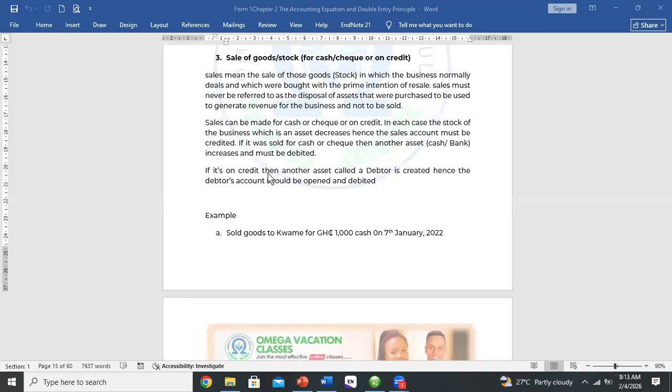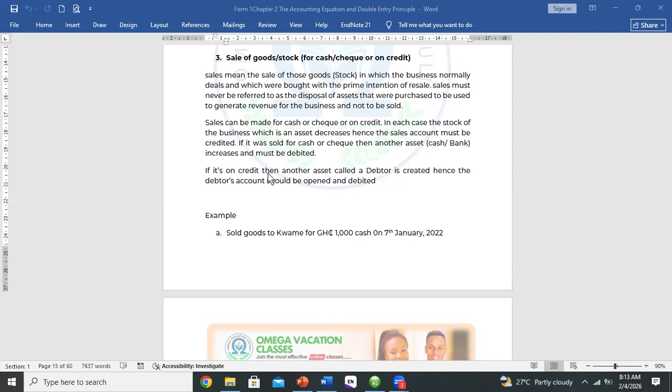That sales account records the decrease in the goods or the stock you have. If I have to take the point again, let me know so that I take it. So anytime a business sells goods, the first account we recognize is who? Sales. And that sales account is recording the decrease in the asset, stock, or goods.